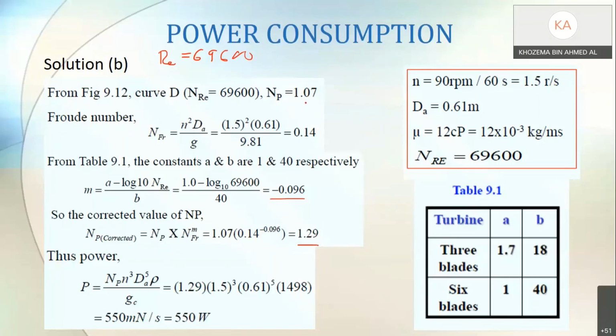So you can see there's a difference between the value of the original NP and the corrected NP. Once I've gotten this value, I substitute again into this equation: 1.27 times the value of rotational speed, 1.5, times dA, 0.61, times the value of density, 1498, I'll get a value of 550 watt. So this is the final answer for question number B.